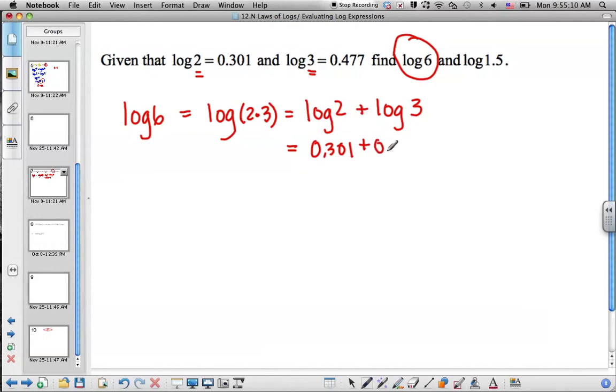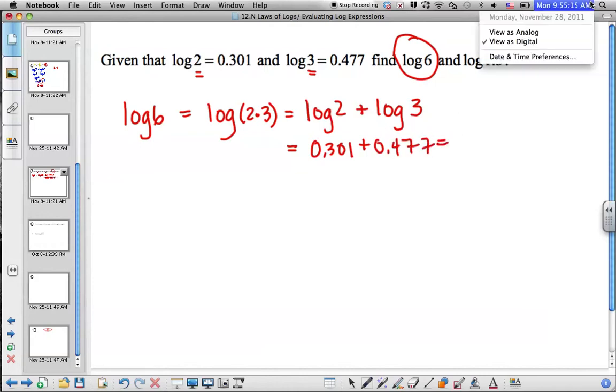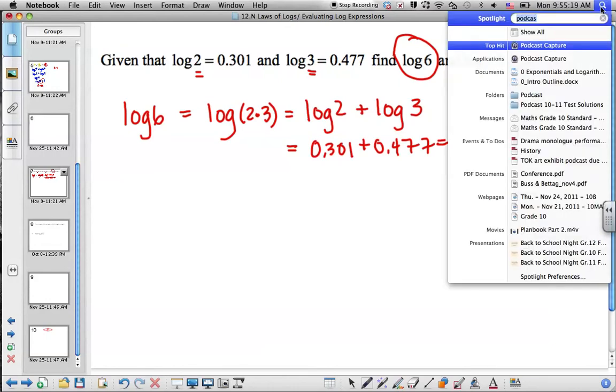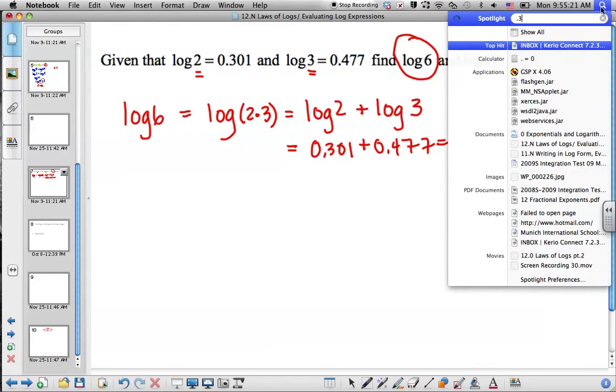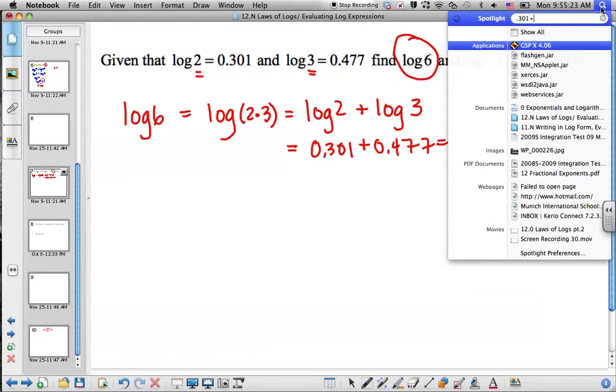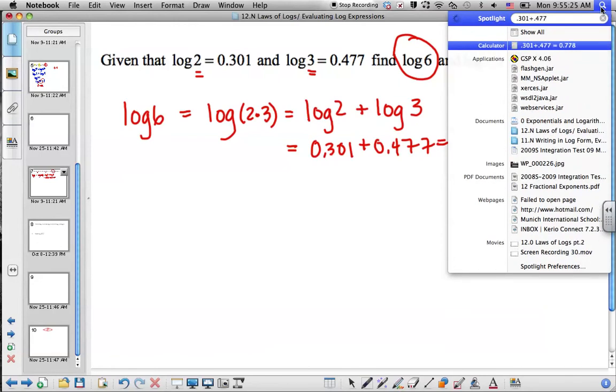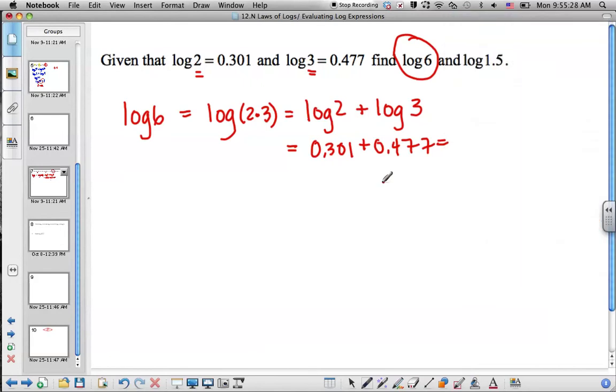Log of 3 is 0.477. Add those together. 0.301 plus 0.477, we get 0.778. So 0.778 is our answer.